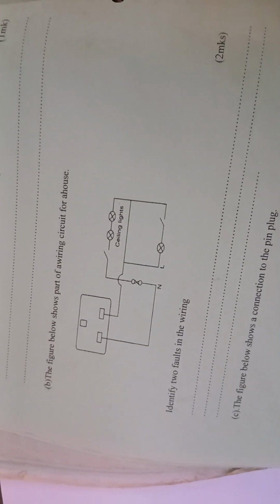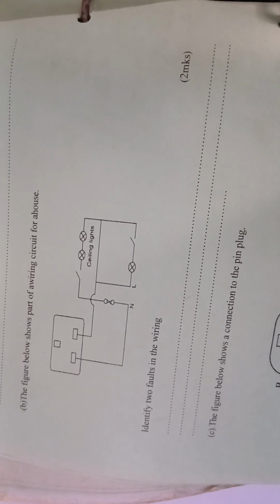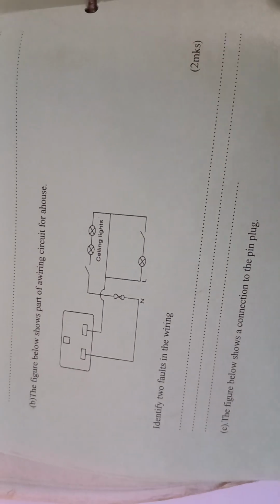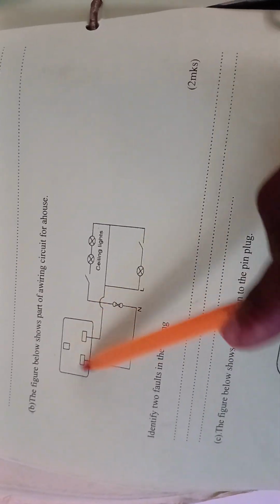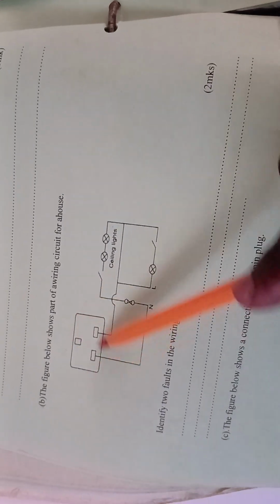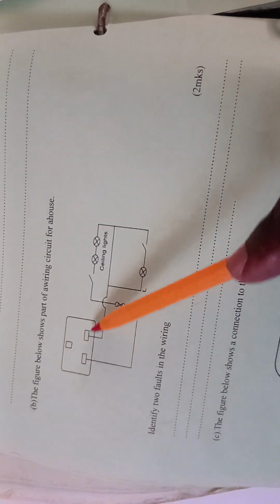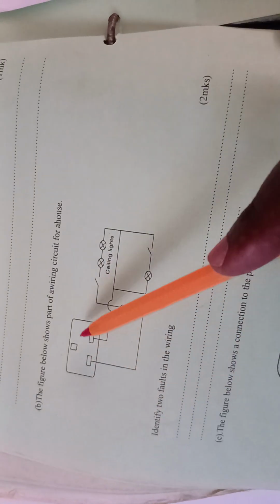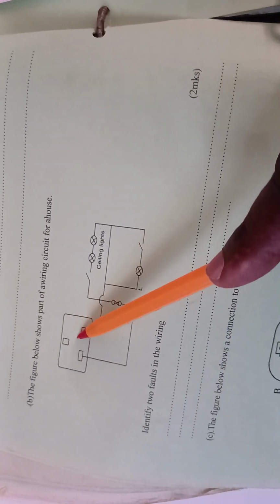So part 2 is what we call the domestic wiring system. And if you look at what we are given on the left part, this is the ring main circuit from the consumer fuse box.